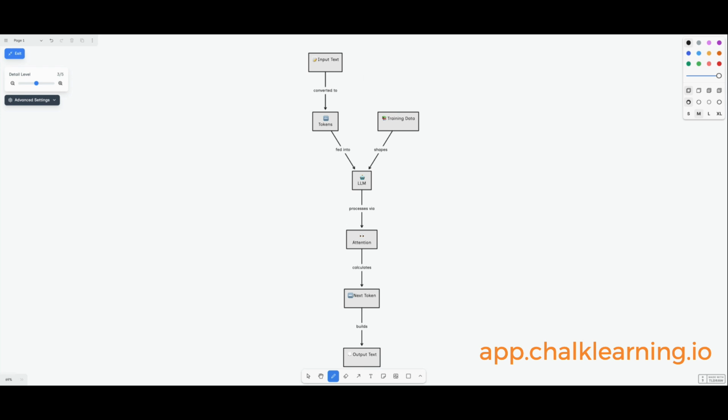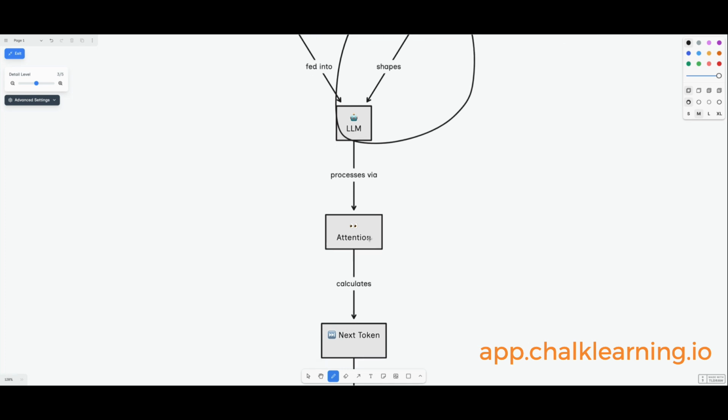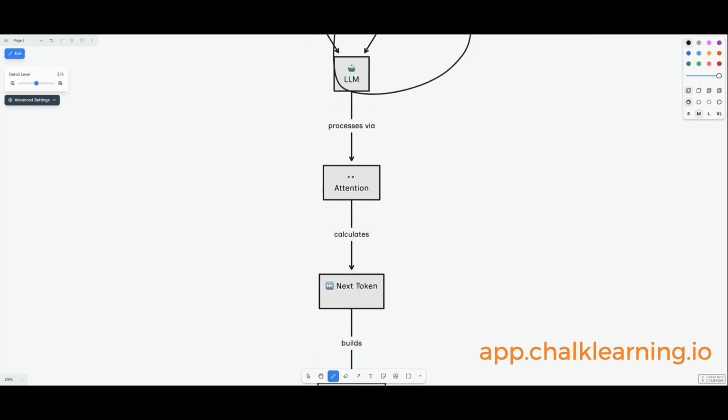So if we take it a step further, as well as tokenization, we also have this training data step. And some of the inputs to the training data include things like Wikipedia or the internet. And another thing that's really important is the attention mechanism.